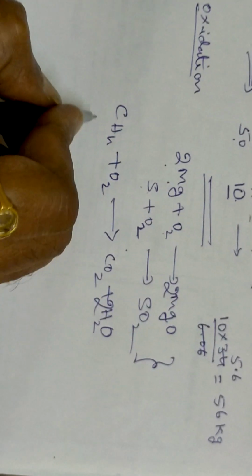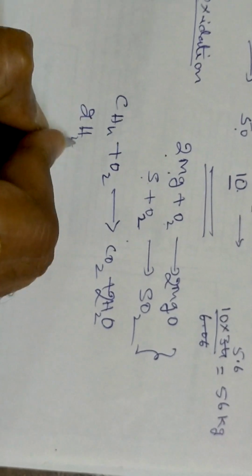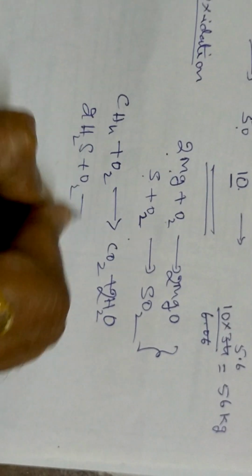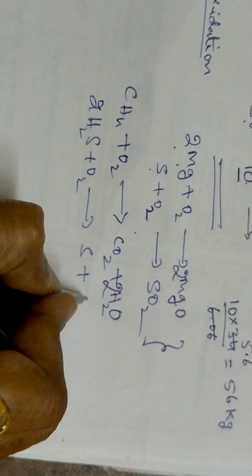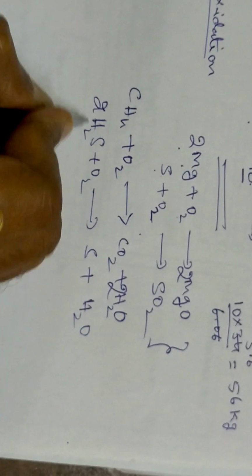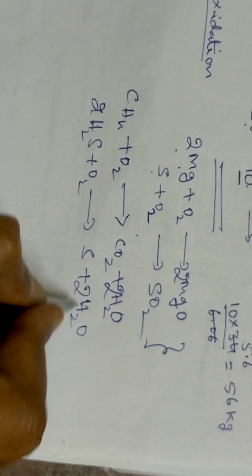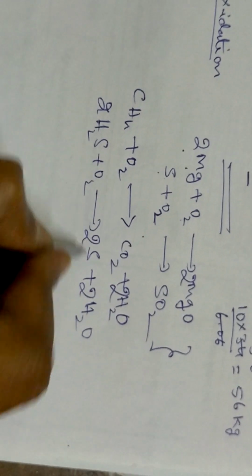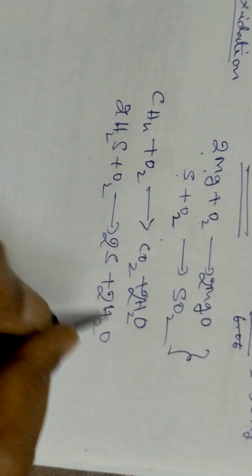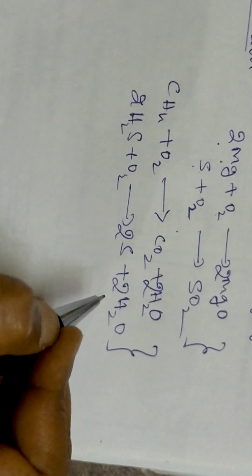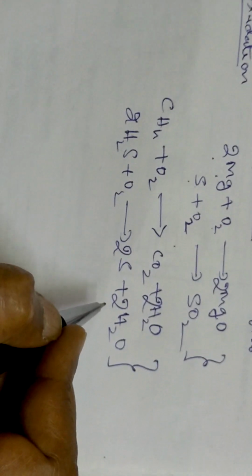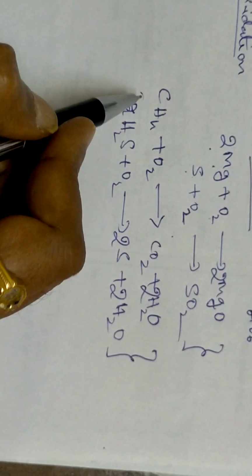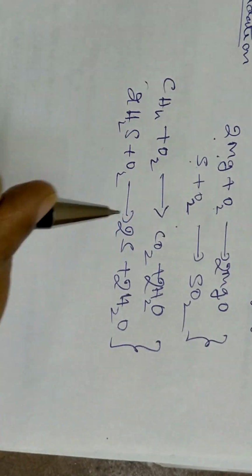CH4 + 2O2 gives CO2 + 2H2O, with 4 hydrogens and the oxygens balanced. So this is the equation. And hydrogen sulfide on reacting with oxygen gives sulfur plus H2O: 2H2S + O2 gives 2S + 2H2O. It is also balanced. Just see these equations. Here, not only addition of oxygen, removal of hydrogen is also taking place.